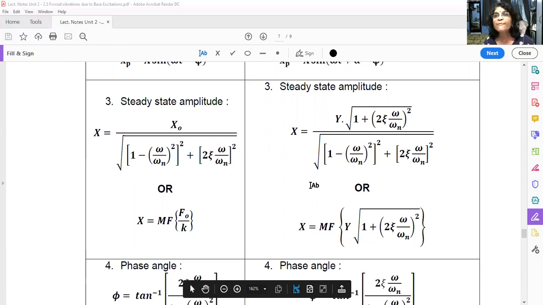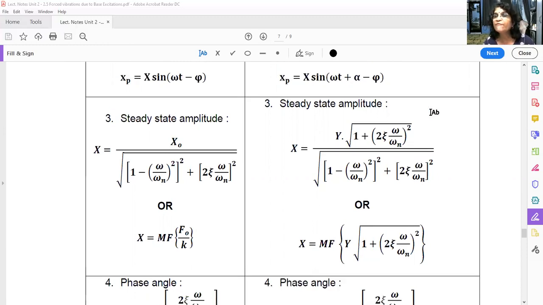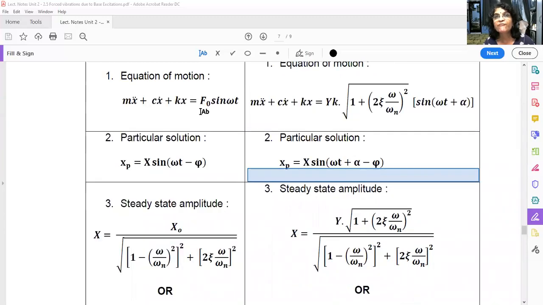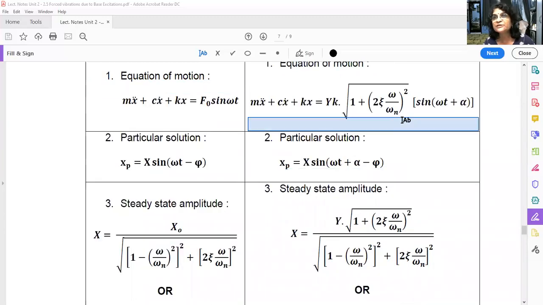Now what is the steady state amplitude in terms of support excitation? X is equal to, now see here, why we have written this F₀/k? So what is F₀? The value of F₀ is this one, upon k. So this k and this k cancel.